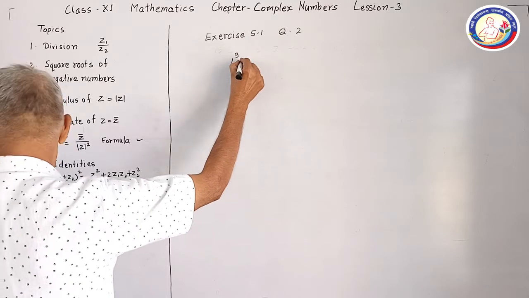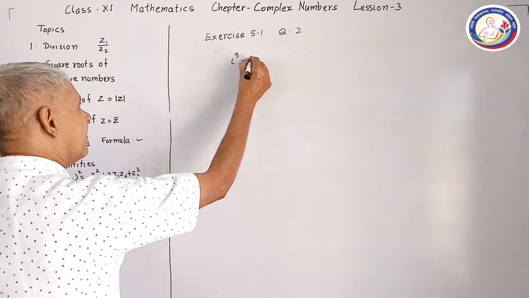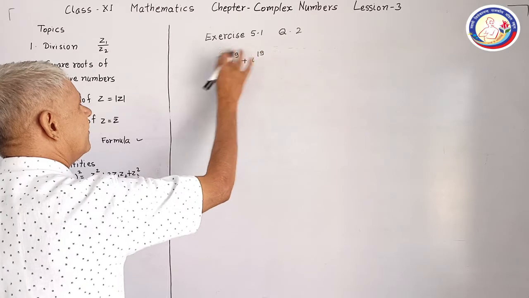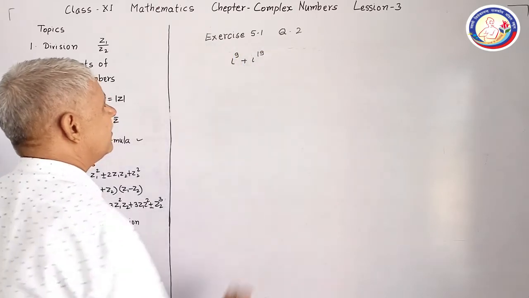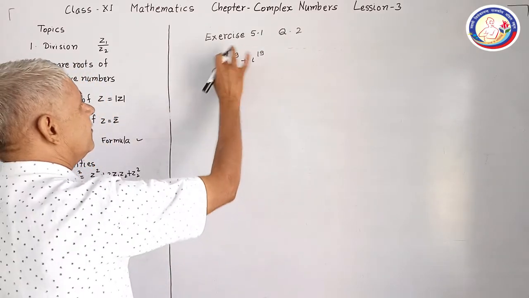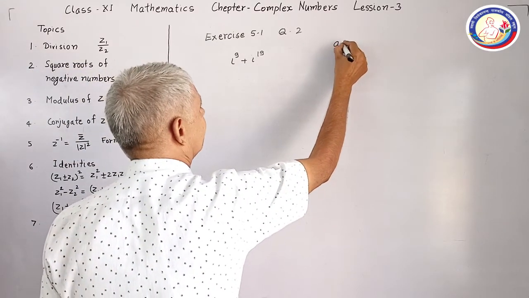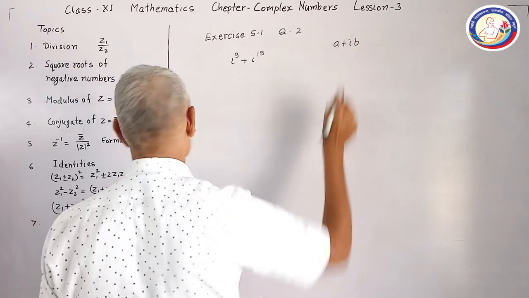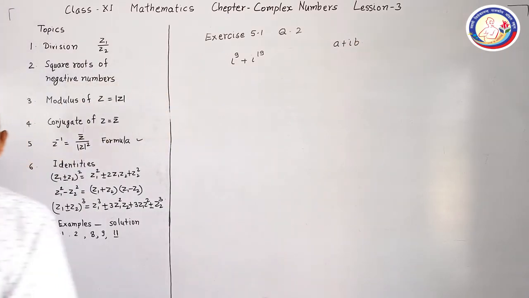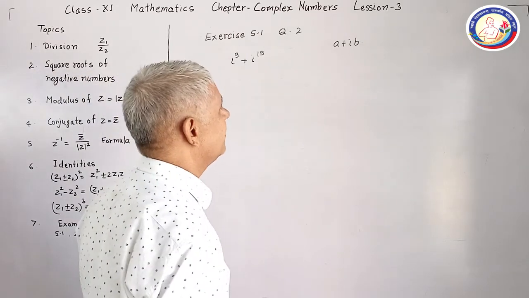Iota 9 plus iota raised to power 19. Change it into the form a plus iota b.